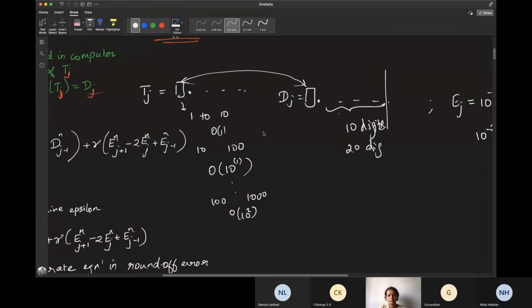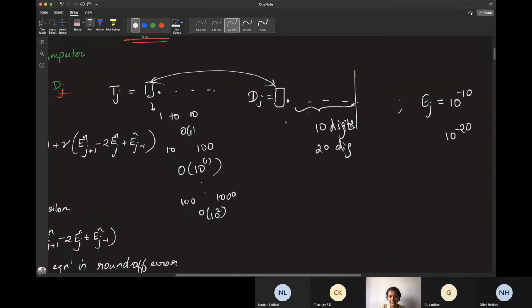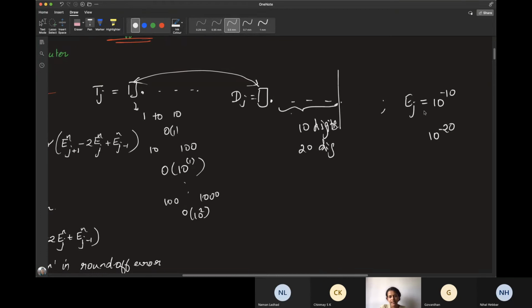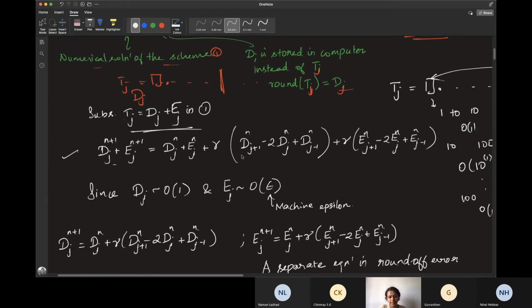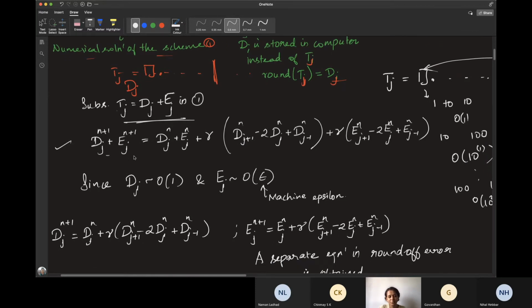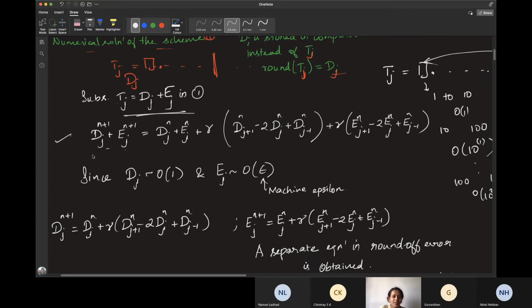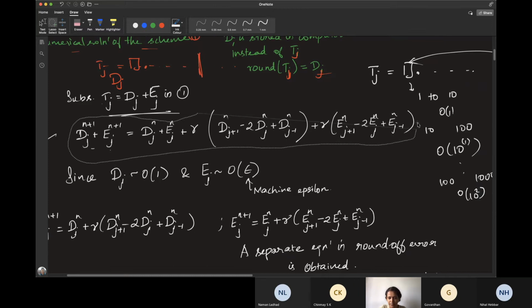So now Dj is of one order and Ej is of a different order, and they are both lying in the same equation, I mean, combinations of them. We have both Dj and Ej in the same equation, and this equation is linear as well. I'll just take this equation.